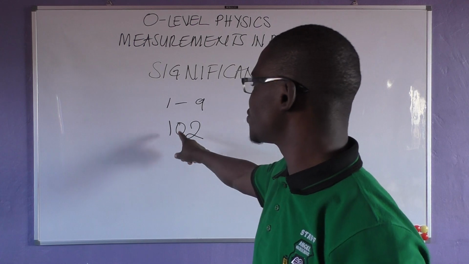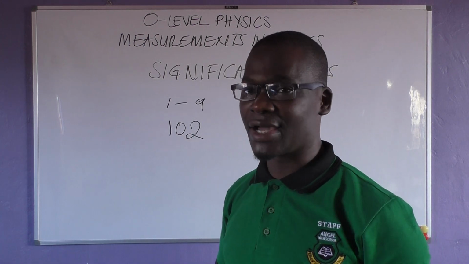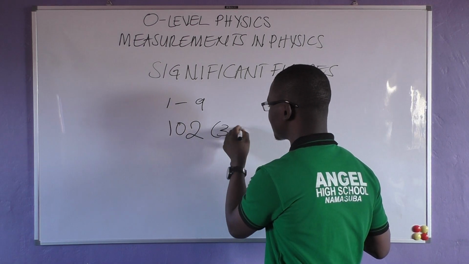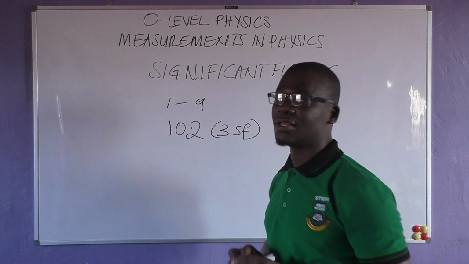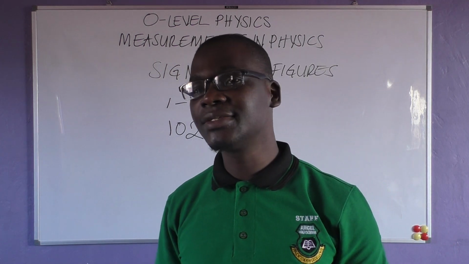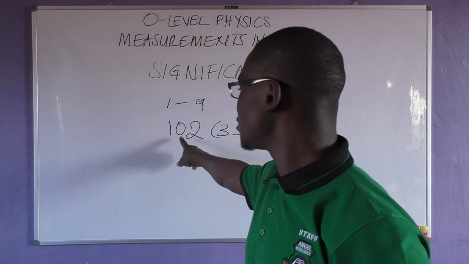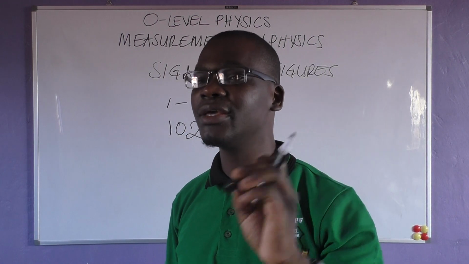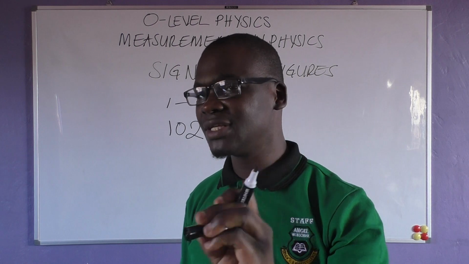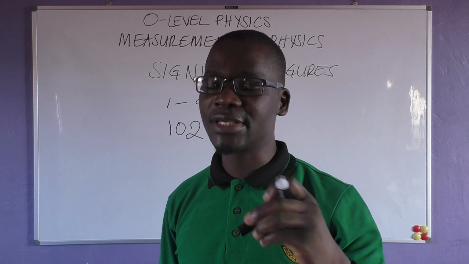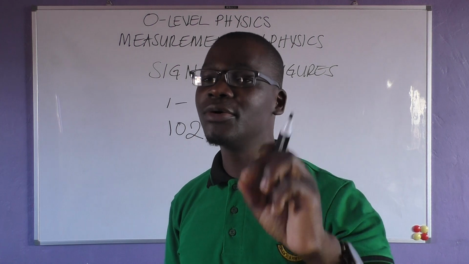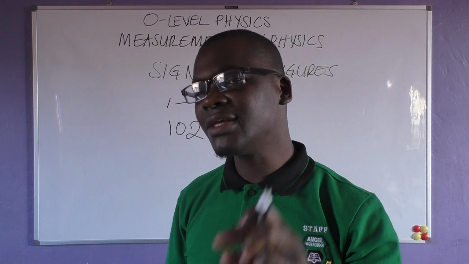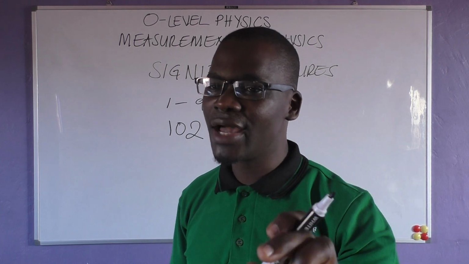Since 0 is trapped, it is significant. So these are 3 significant figures because the 0 is trapped. And since it is trapped in non-zero digits, it is considered significant. So that is our second law. When the 0 is trapped or embedded within the non-zero digits, it will be considered significant.